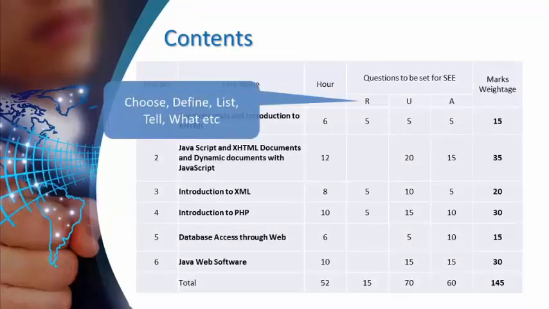Here, R stands for remembering, where action words like choose, define, list, tell, what, etc. are used while asking the questions. For example, list various web servers or define file server, etc. where you only recall the things that you learned and write the answers.